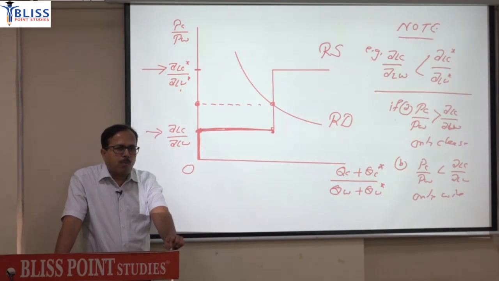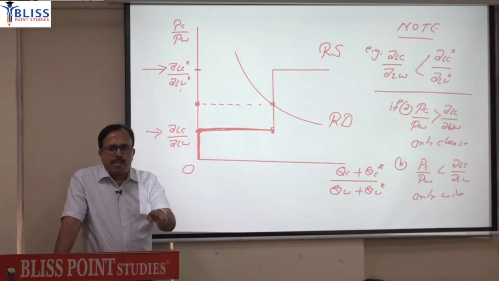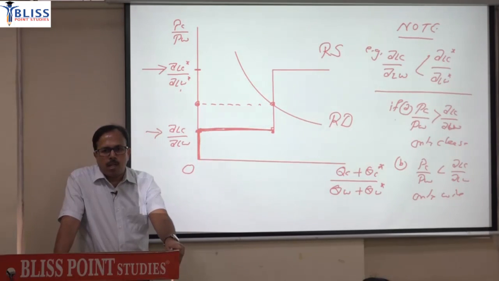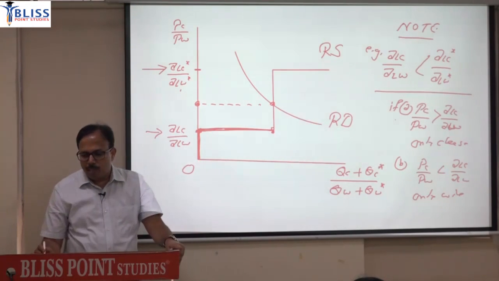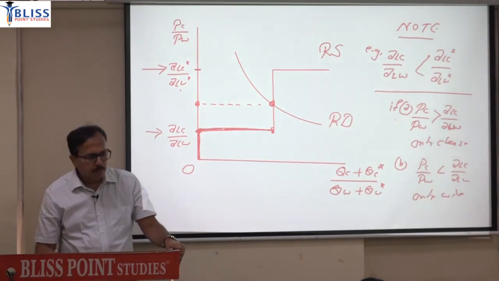If the question comes by using the relative supply relative demand curve, then you must know why you have drawn relative supply curve in a step like manner. So there is the reason for drawing a step like manner relative supply curve, but price will be determined somewhere in between.